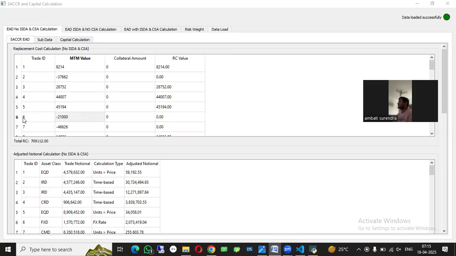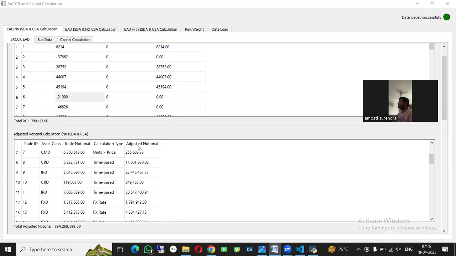So once we calculate the replication cost, then we have to calculate the adjusted notional. In the process of calculating potential future exposure, we have to consider netting and delta adjustment, maturity factor adjustment, and supervisory parameters.